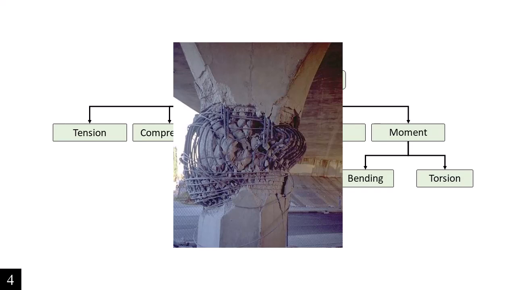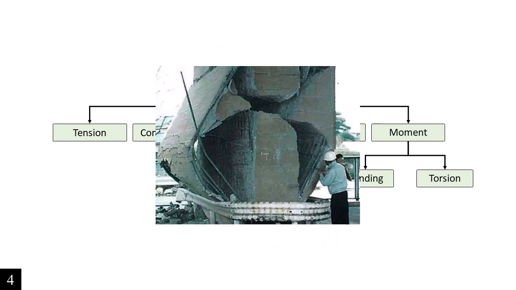So the structural failure of the column is compression. Here's another photo that shows the structural failure for compression. You can see this one just inflates out, and there's no bending at all.